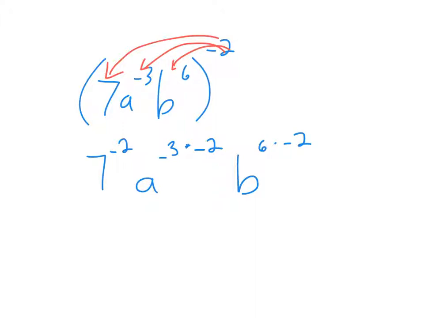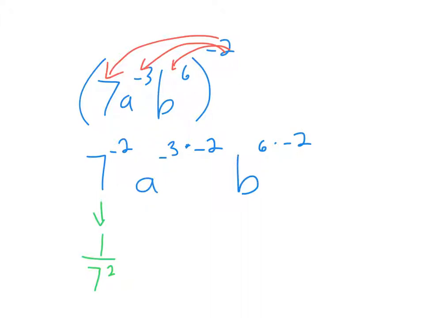So what that means is we now have 7 being raised to a negative exponent. We're going to have to apply the negative exponent rule there. Simplifying that, it's going to be moved to the denominator, so that is going to be 7 to the power of 2, but on the bottom.